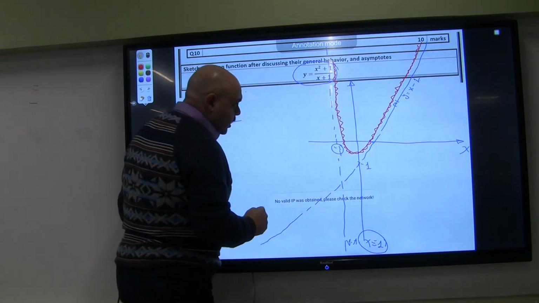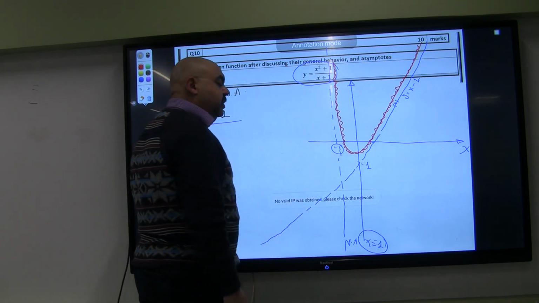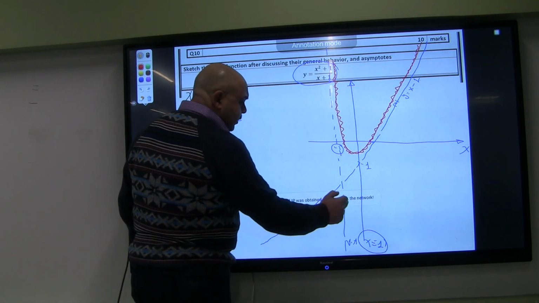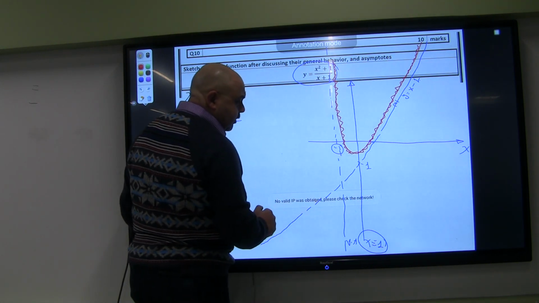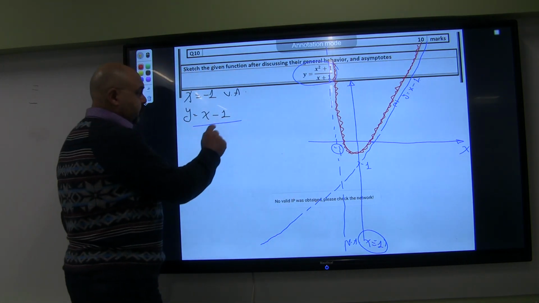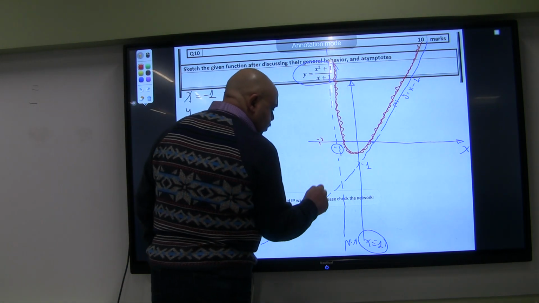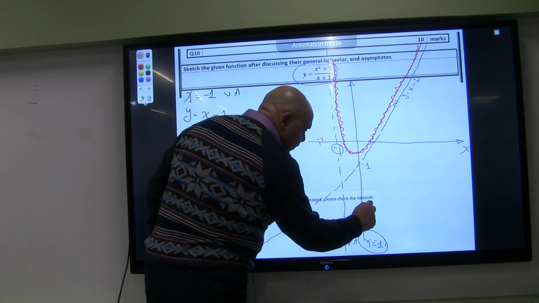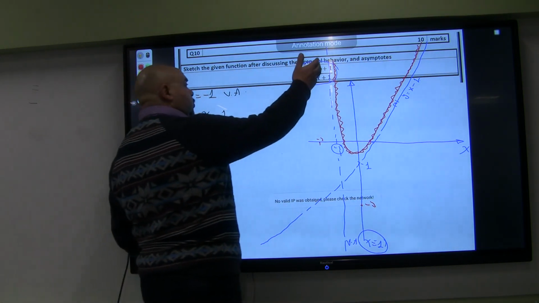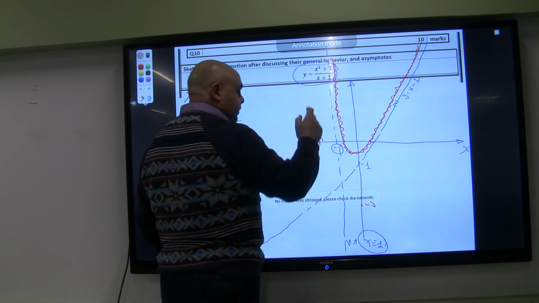In a similar manner, I will pick any number that's less than -1, let's say -2. I need to see at -2 what the value of y is for the inclined asymptote. If we substitute at -2, you will have -3. So let's take -2 and substitute in the main function. It's going to be 4 plus 1, which is 5, divided by -1.